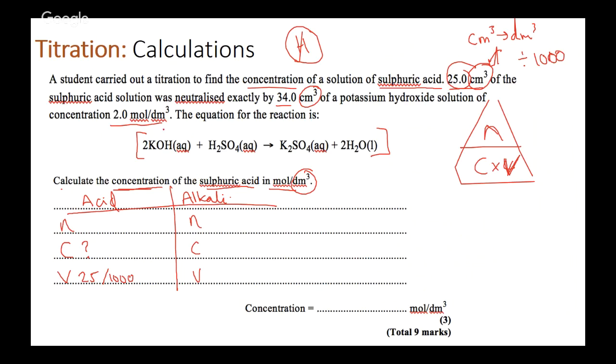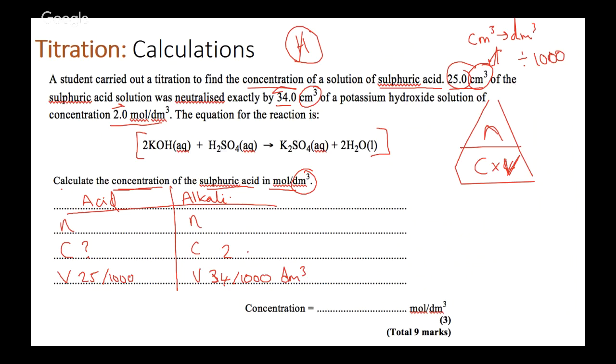On the alkali, again, look at the information that you've been given. You're given a volume of 34 divided by 1,000, because it's in the wrong unit, and a concentration of 2. Now, the only thing that we can work out is this N here. So if you can't remember the triangle, if you write the units down, it'll help you, because this is now decimeters cubed.